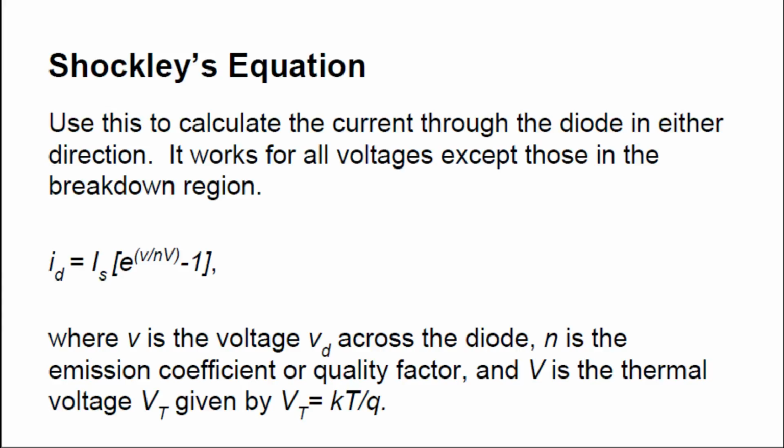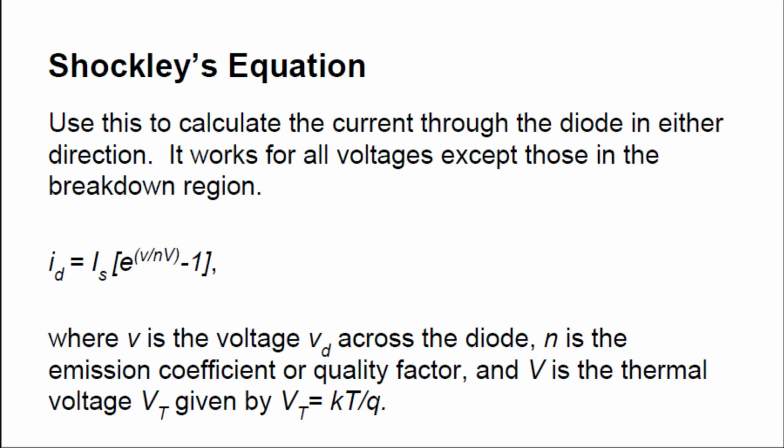So here's our equation. The current through the diode equals I sub S, that's your saturation current that we just talked about, multiplied by e to the V over NV minus 1, where V is the voltage. It's usually going to be shown as V sub D, so it's the voltage across the diode.